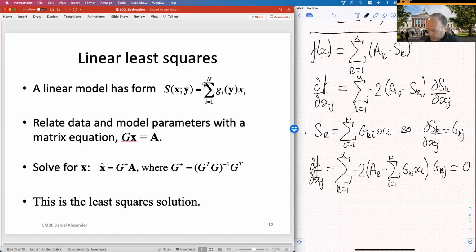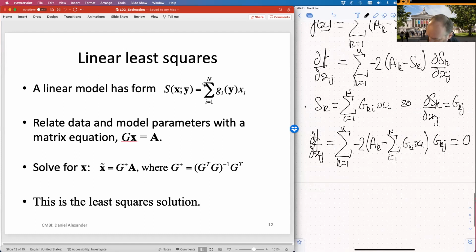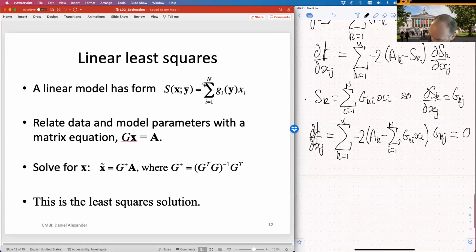So setting that equal to 0, let's expand this and then rearrange. So we can now write, well, I'll get rid of this minus 2. We can divide through by that since it equals 0.